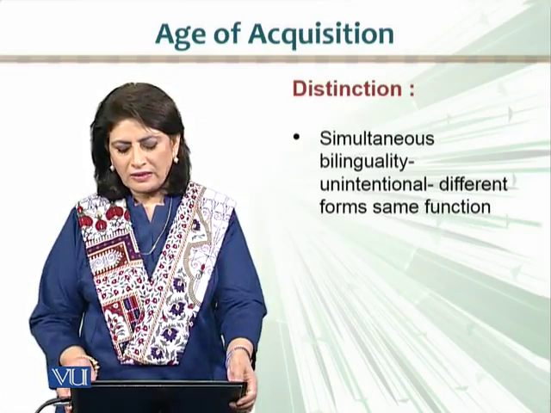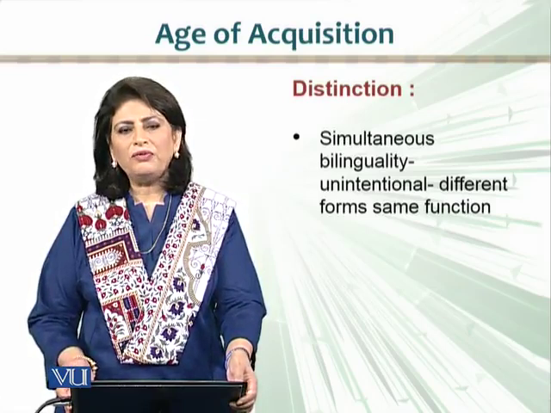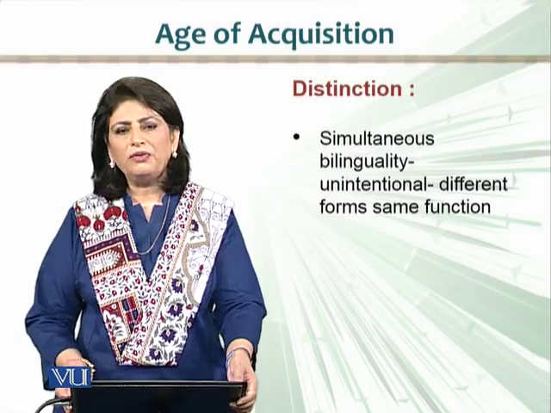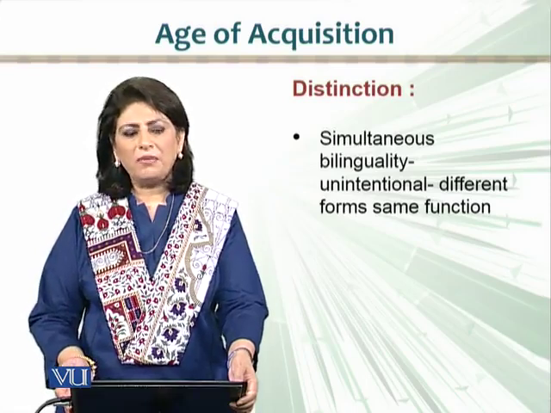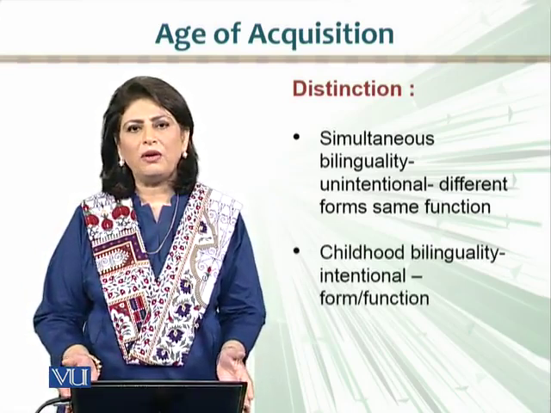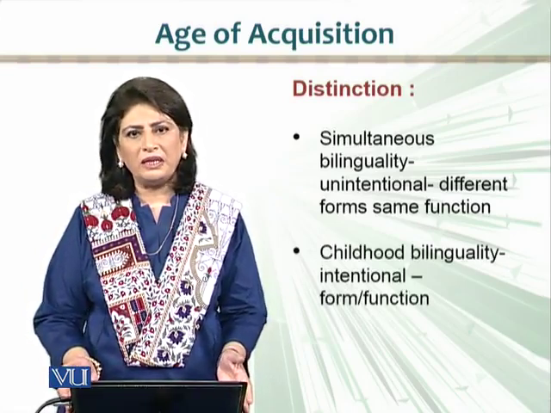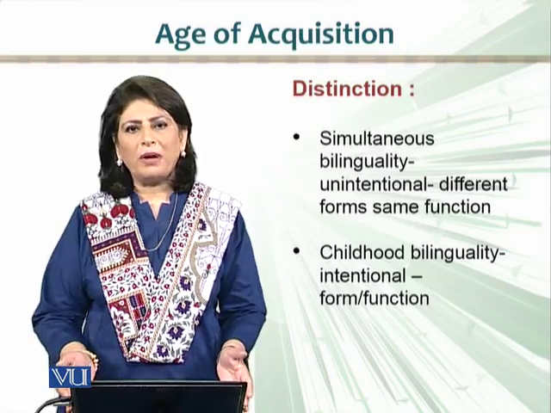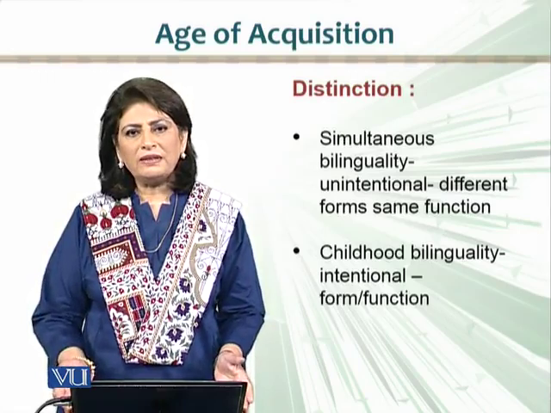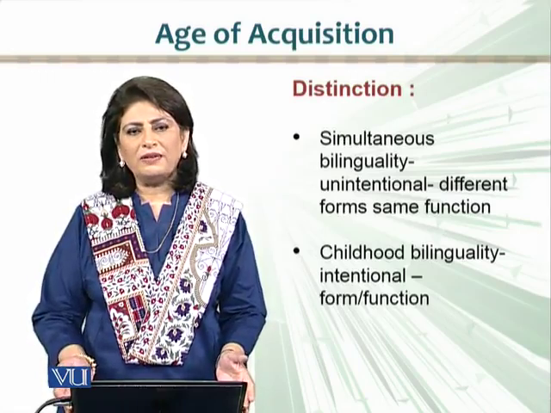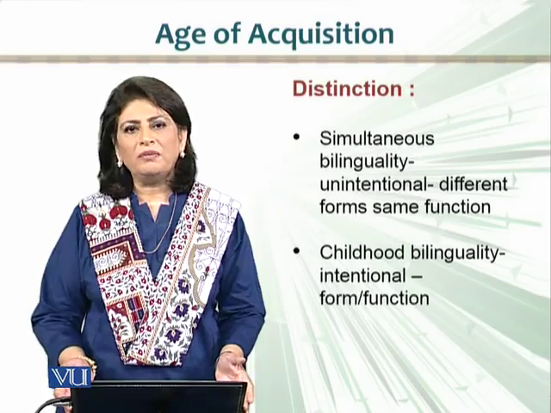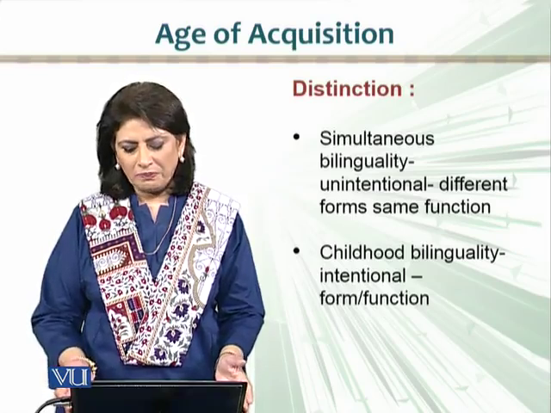And in this, usually for different forms, for different functions, the same forms are used. So the child, when he or she is expressing a meaning, although the child might be using different languages, the meaning conveyed is the same. That is, the child is more of a compound bilingual.